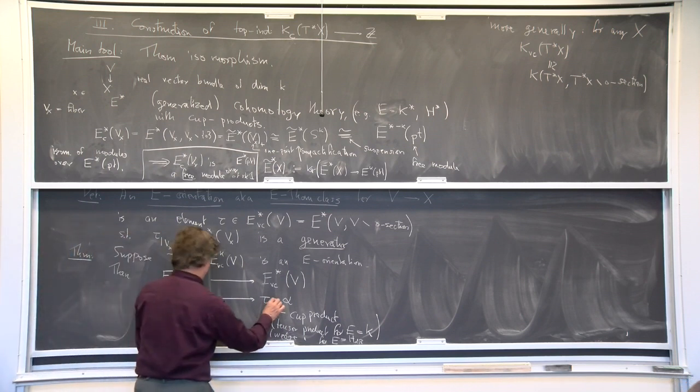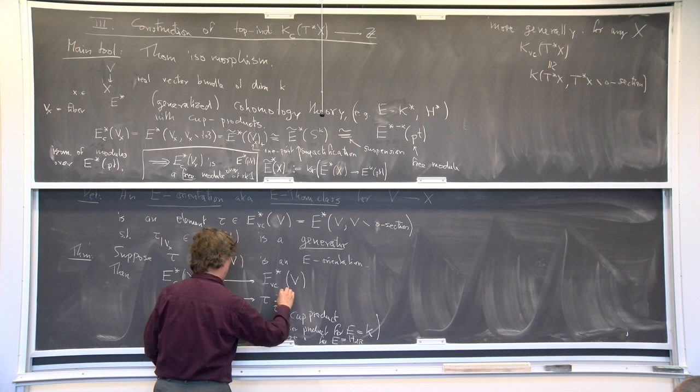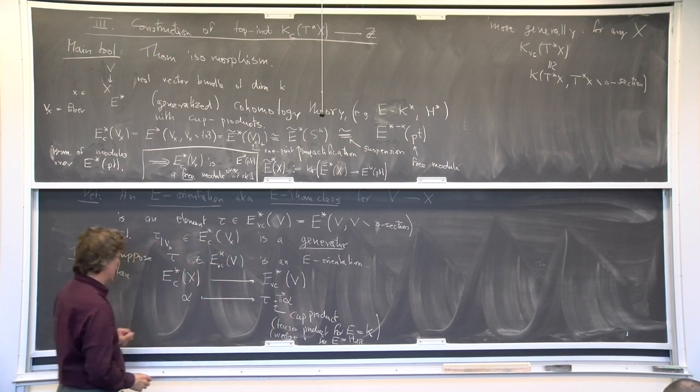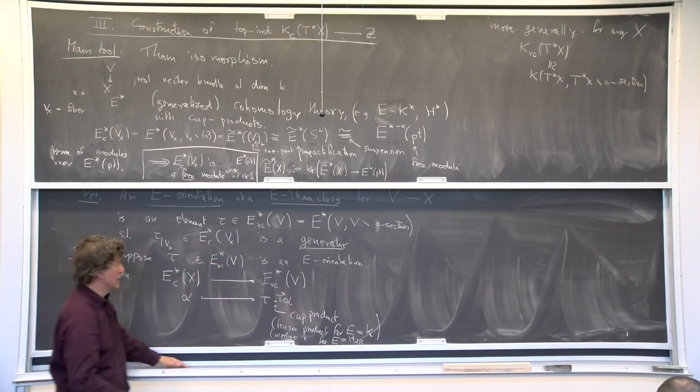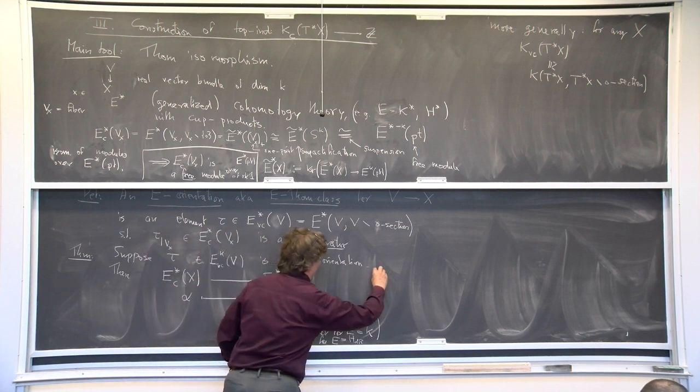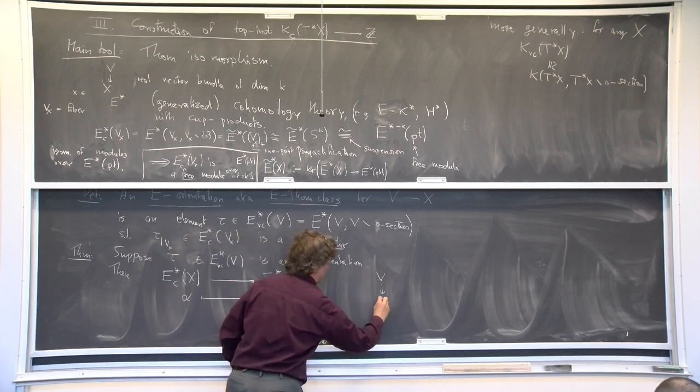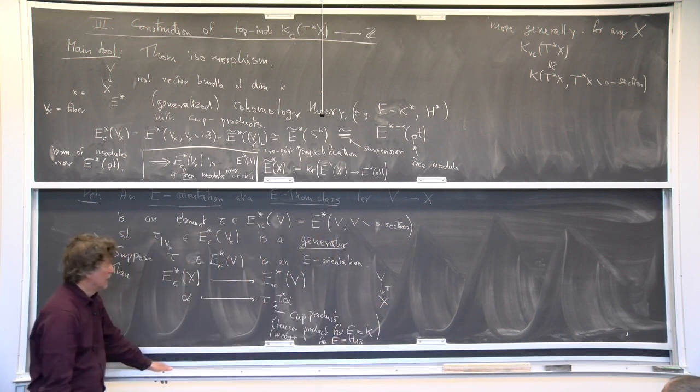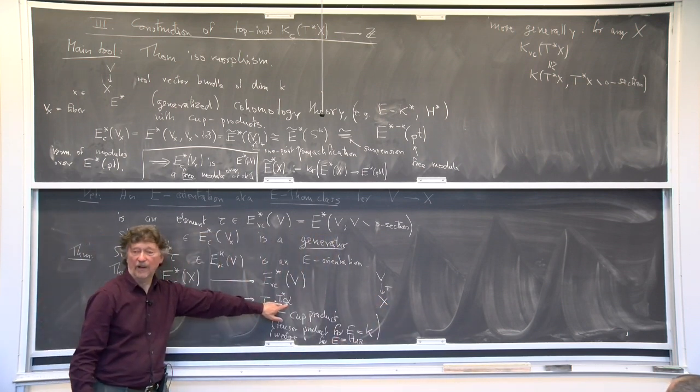Oh, yeah, right. So I need to, exactly, thank you. So the alpha is a class in X, and then I have the projection map from the total space of my bundle pi into the base space, and then I pull back alpha.